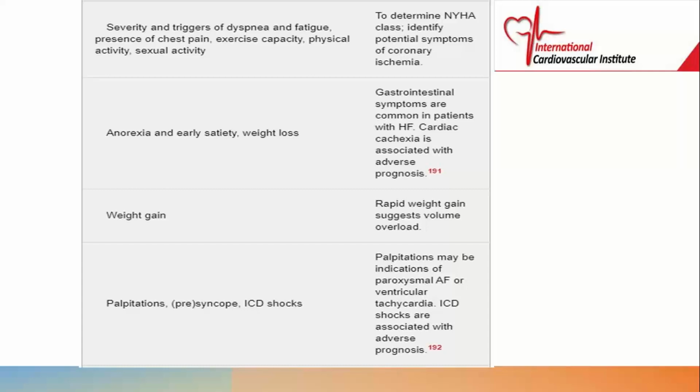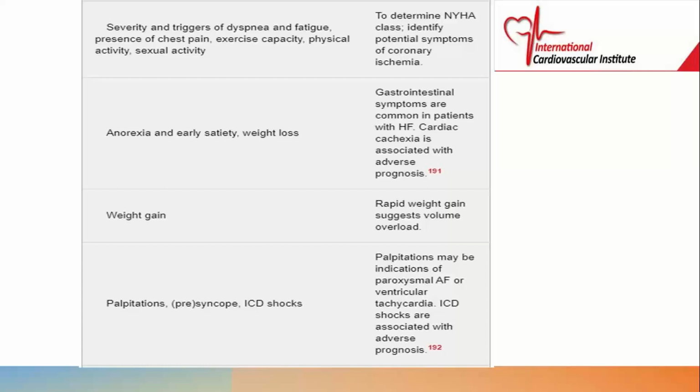Look for the presence of chest pain, exercise capacity, physical activity, sexual activity. If they have severe symptoms with regular activity, then we talk about the class of heart failure. So they may be a class 2 or 3. So you really have to get the history clear.